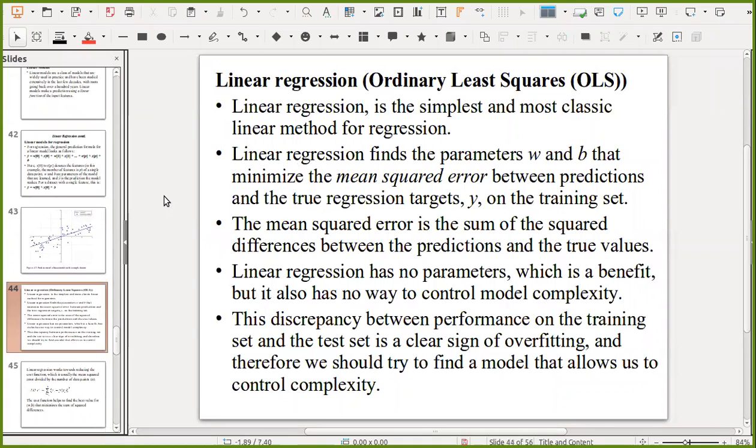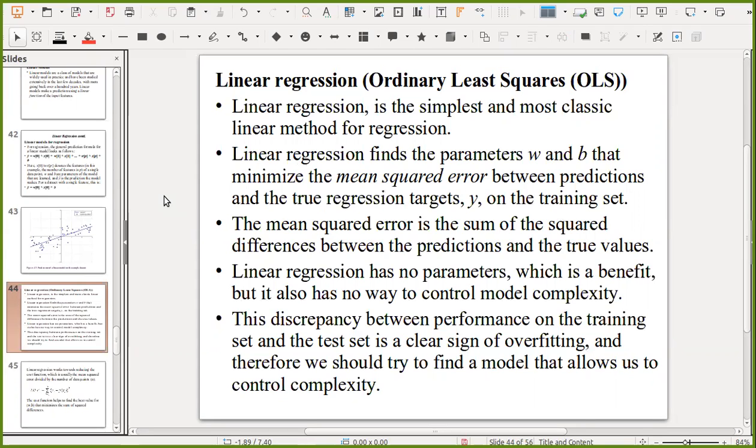So linear regression is the simplest and most classic linear method for regression. Linear regression finds the parameters W and B that minimize the mean squared error between predictions and the true regression targets Y on the training set. Mean squared error is the sum of the squared differences between predictions and true values.